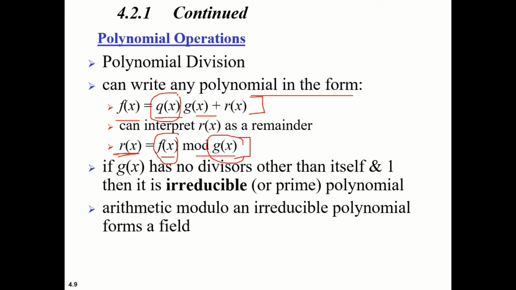Okay, this is the quotient. Now if g(x) has no divisors other than itself and 1, then we call it an irreducible polynomial. Okay, so we'll be using this irreducible polynomial for calculating the mod. Now why do we calculate mod?